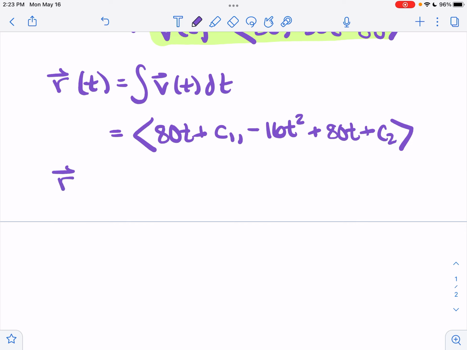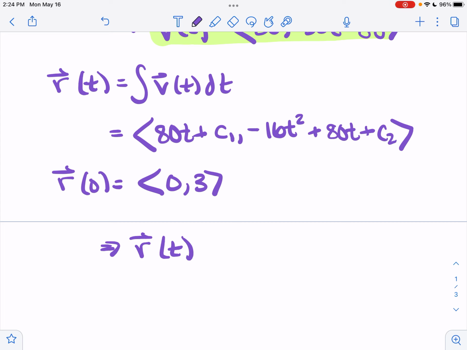But we also know the position at time 0. We know that it's 0, 3. It's 3 feet above the ground is what it said in the problem statement. So r at time t is going to be 80t, comma, minus 16t squared plus 80t plus 3.